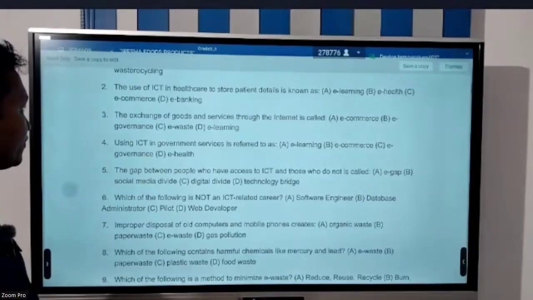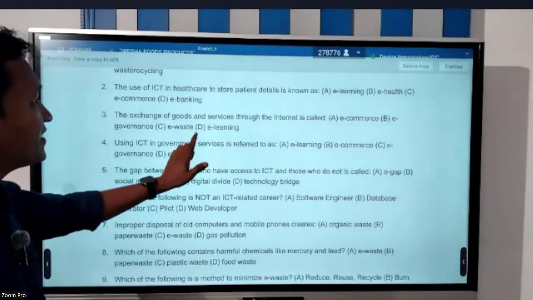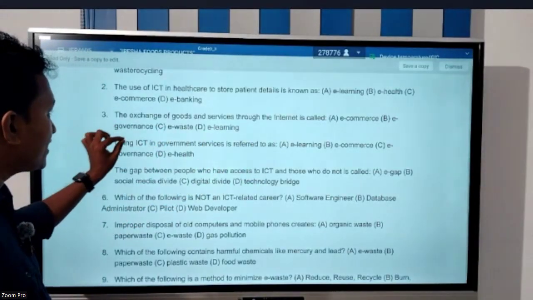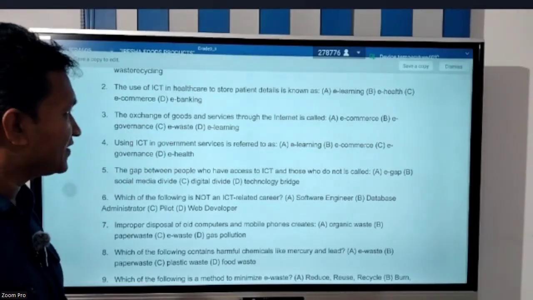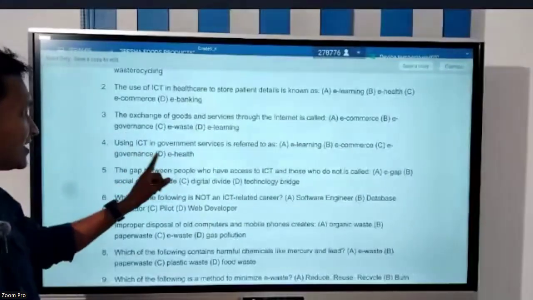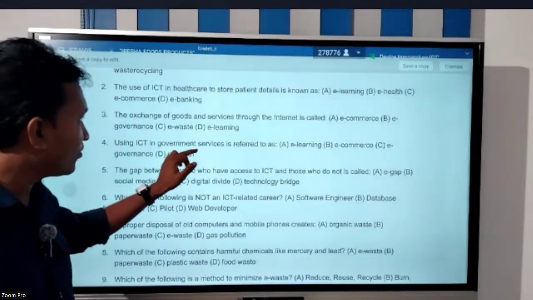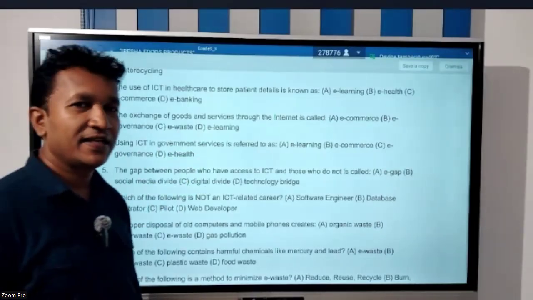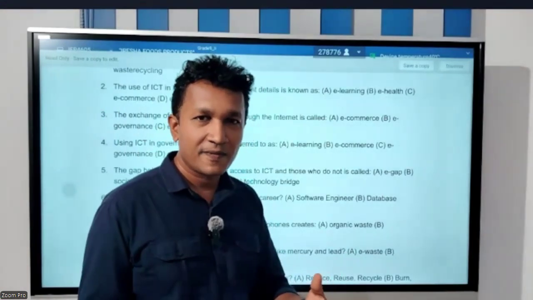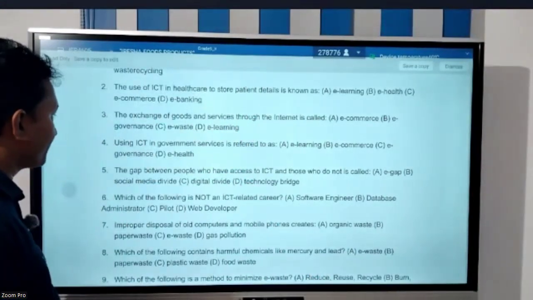Next one, fourth one. Using ICT government services is referred to as e-learning, e-commerce, e-governance. So that is e-governance. Any government service that we get online is called e-governance.